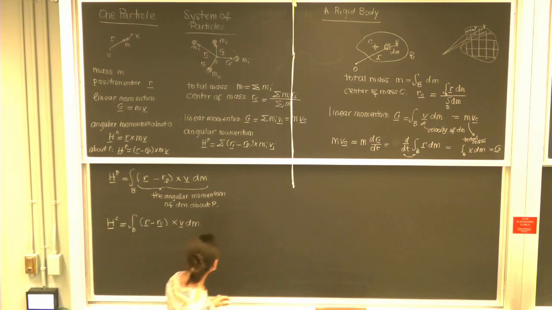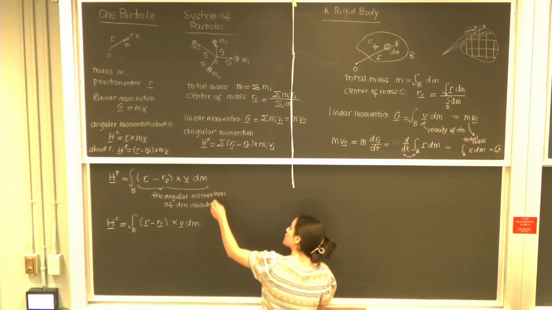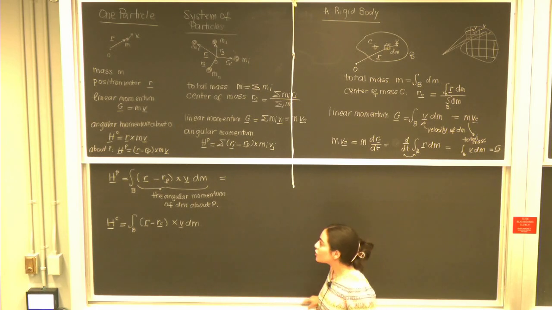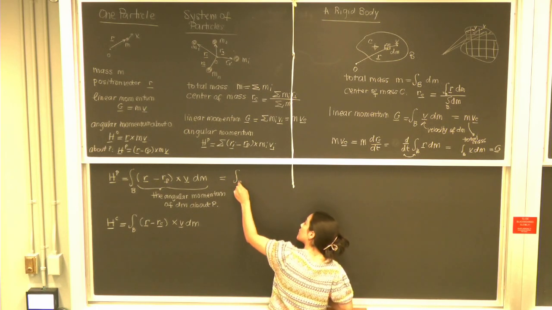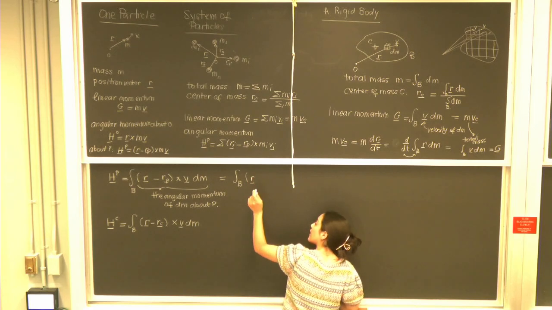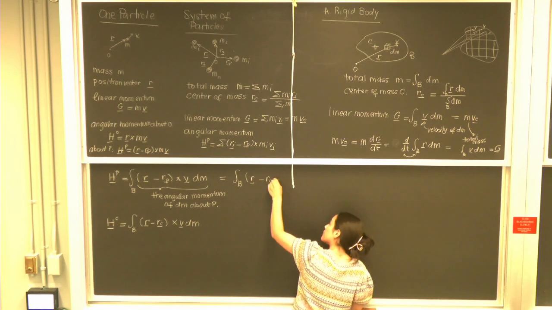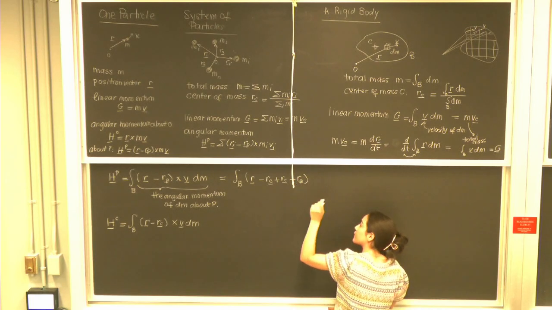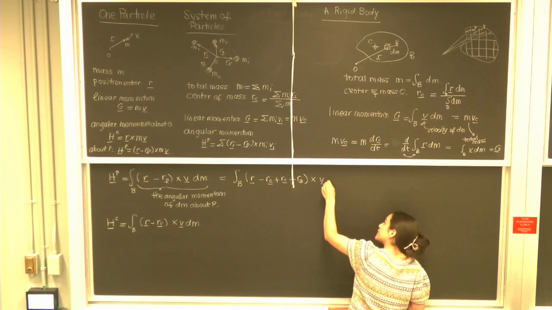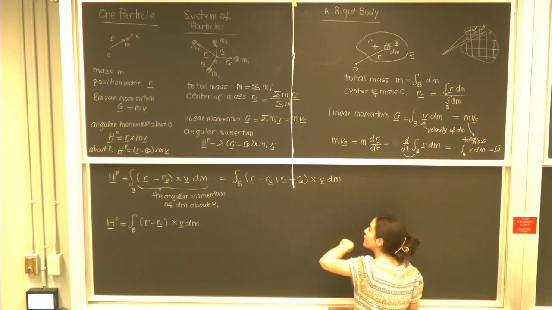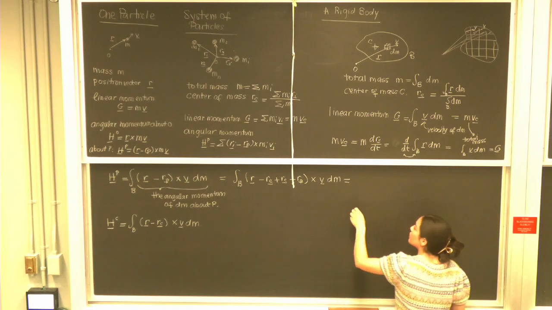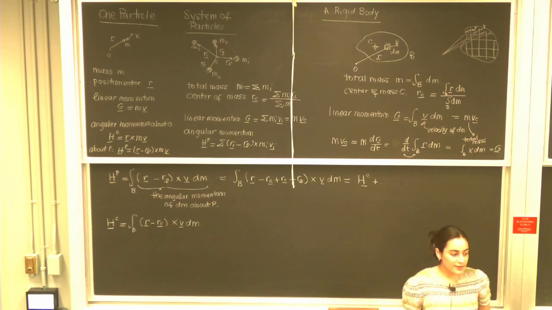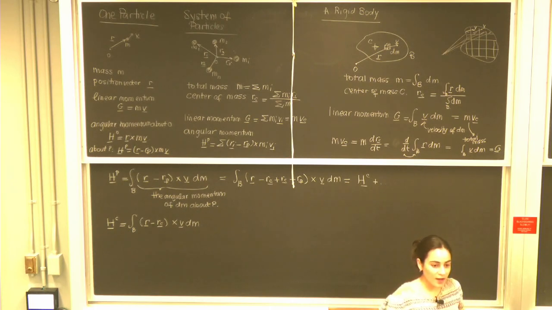So what we're going to do is, I'm going to start with this, and I want to express this in terms of hc. So I'm going to rewrite the integral. I'll have r, I'll add minus rc plus rc minus rp, cross v dm. And this should equal hc plus something. Please take a few minutes and work on this in pairs.